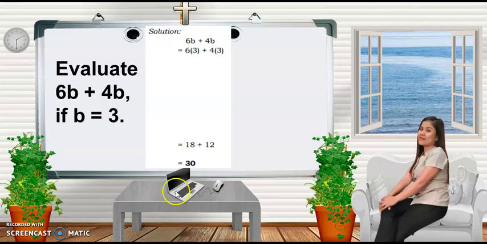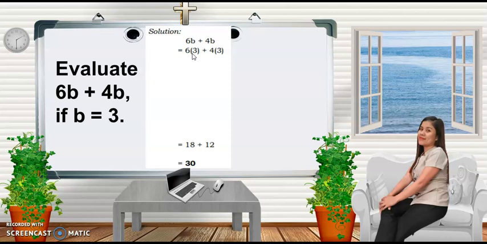For the solution, all we have to do first is copy the given algebraic expression. It is given that b is equal to 3, so all you have to do is substitute all the variable b with 3.